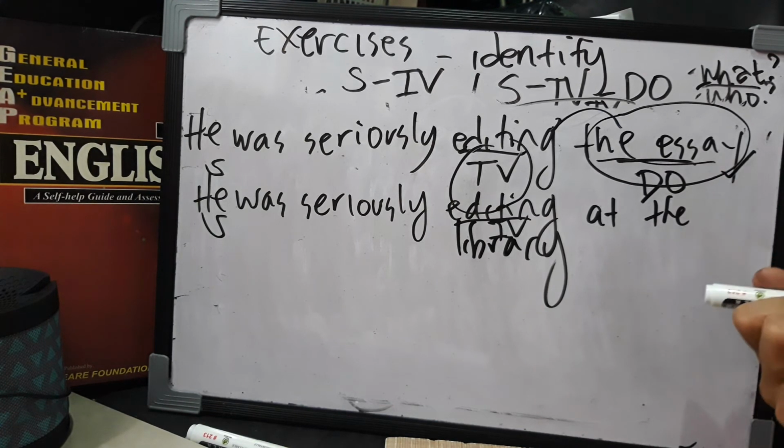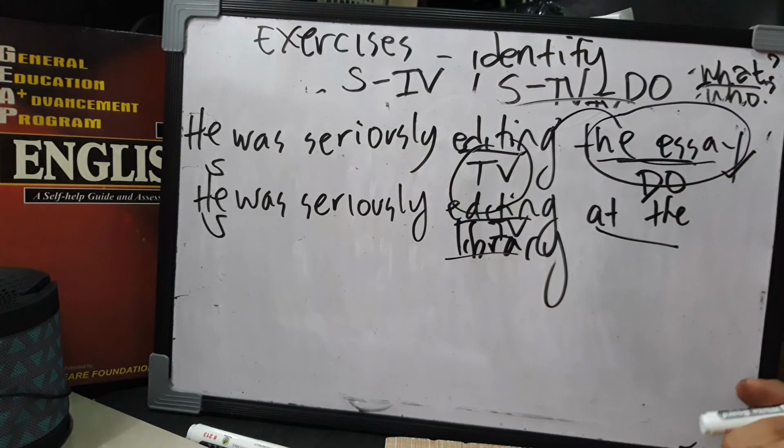But if you do not focus on what was he editing, but you focus on the adverb, where was he editing, at the library, then you can use the IV. If you think, guys, that the DO is not important, then just simply use SIV. But if the DO is the focus of your sentence, then you can write the DO. That's why I told you before, it doesn't mean that if there is a possible answer to what or who, you always put the direct object in a sentence. No. So is it clear, guys?